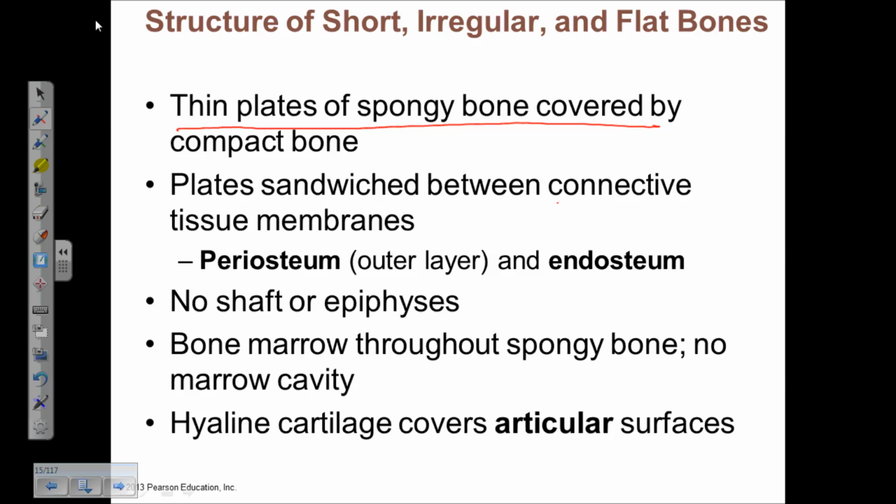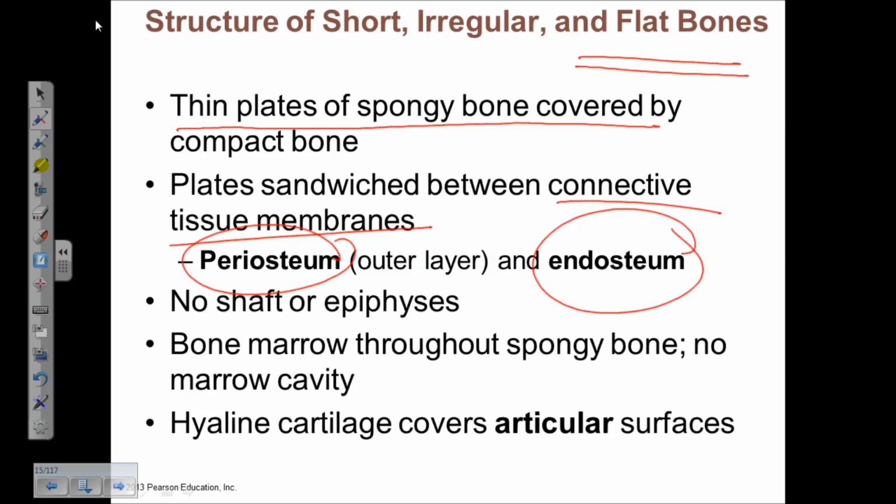Each plate of compact bone is sandwiched between two connective tissue membranes: periosteum, which is on the outer side, and endosteum. So if this is the plate of compact bone, this is going to be periosteum, and this is going to be endosteum.